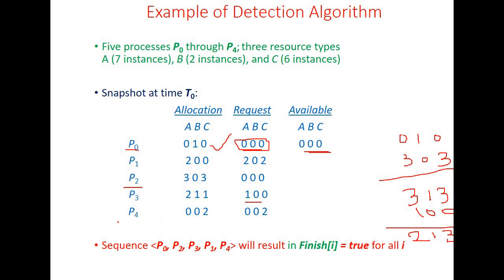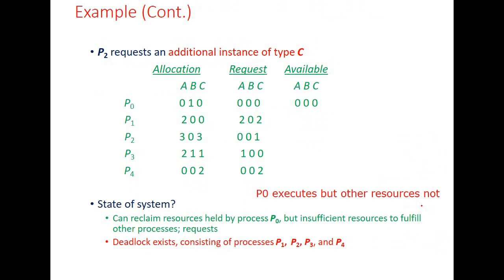Then P4 will start its execution and complete, so 020 will be released. Then after releasing whatever resources by P4, P1 will start its execution and complete. So like that, all the processes will complete their execution and the system will be in a safe state.